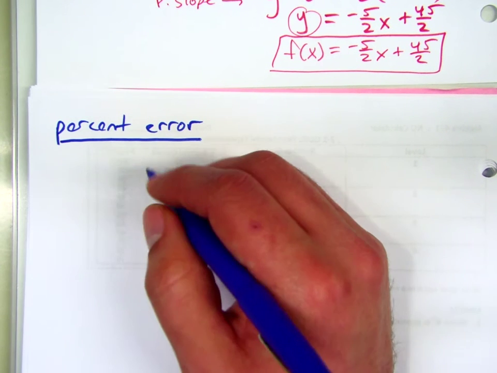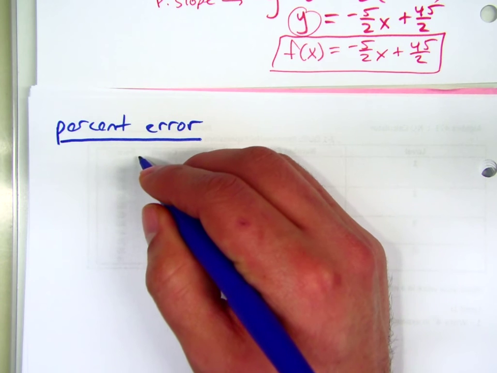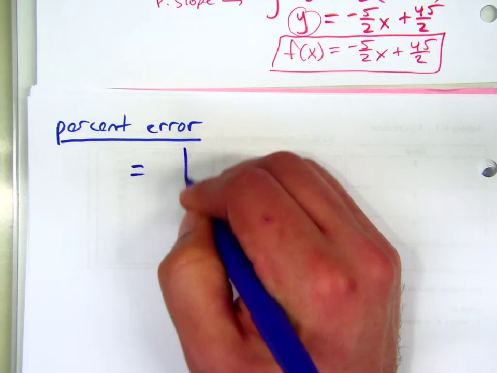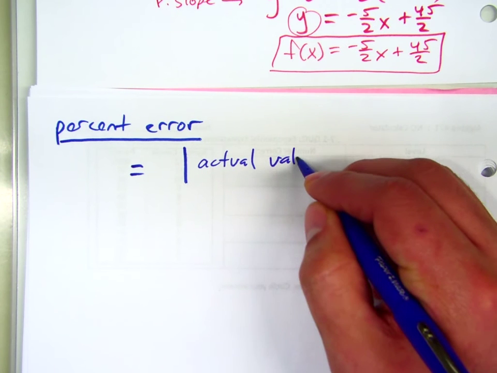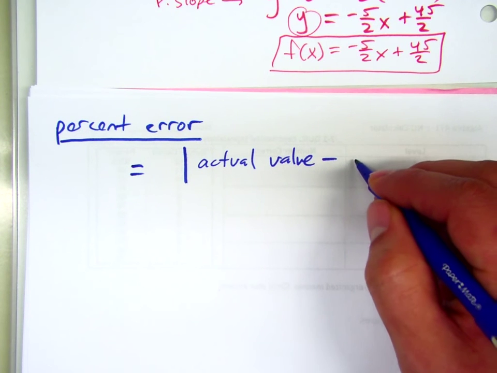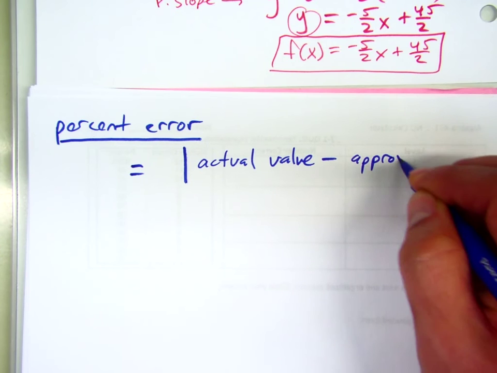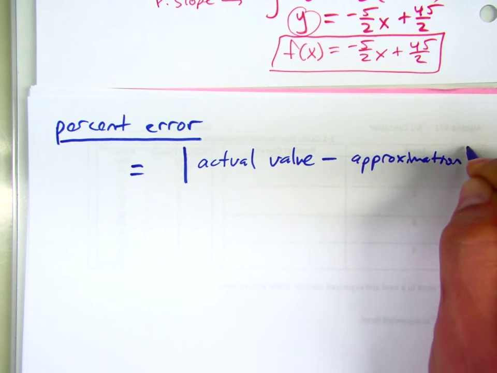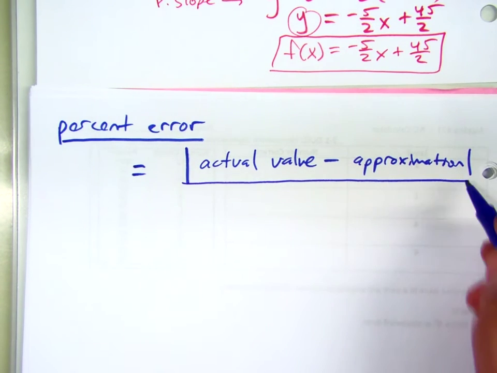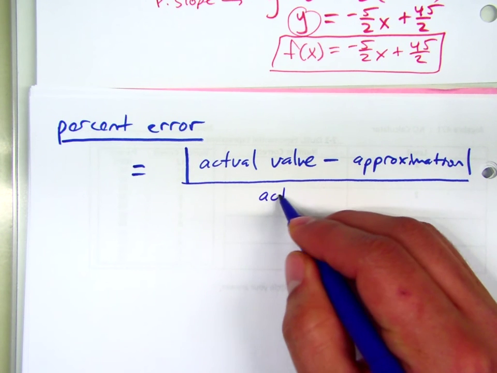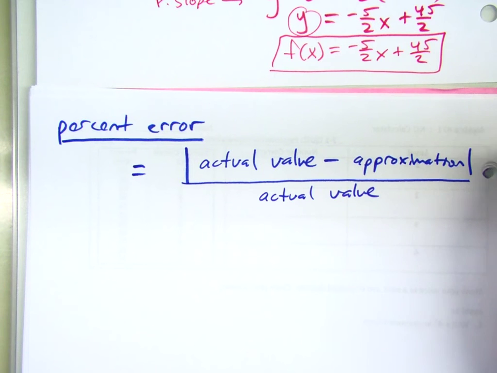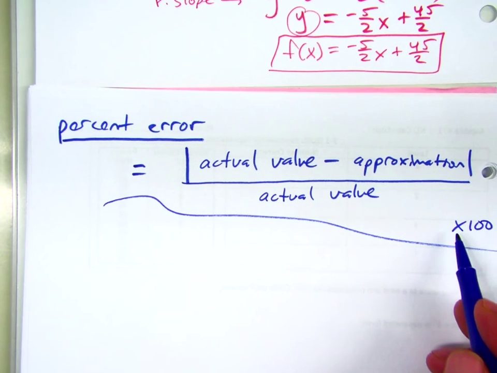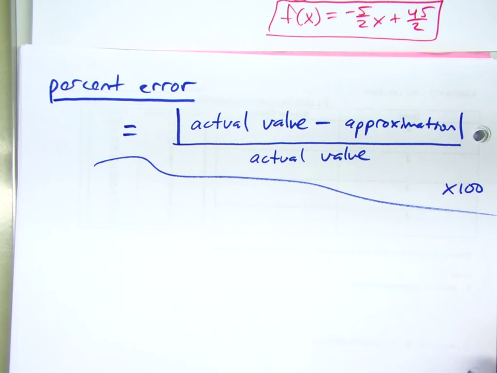And so you can do that by doing the absolute value of the actual value minus the estimate or the prediction or the approximation, let's call it, divided by the original or the actual value. Then obviously times, oops, kind of ran out of space. Multiply it by 100. So we want the percentage. Okay.